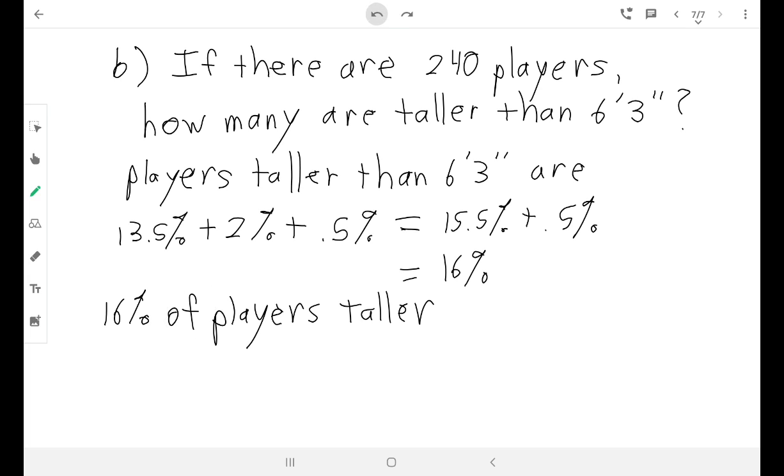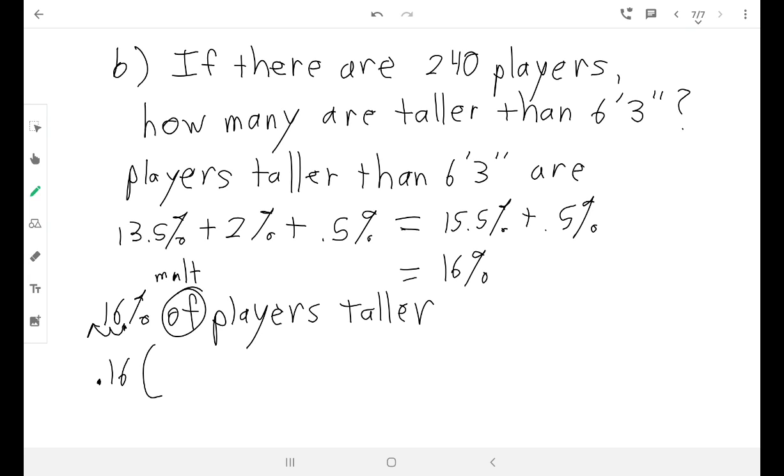Of, when you're dealing with percentages and fractions, means to multiply. 16% as a fraction, you find the decimal, and if you want to go from percent to decimal, you move the decimal 2 places smaller. Okay? So we get 0.16, and of means multiply.